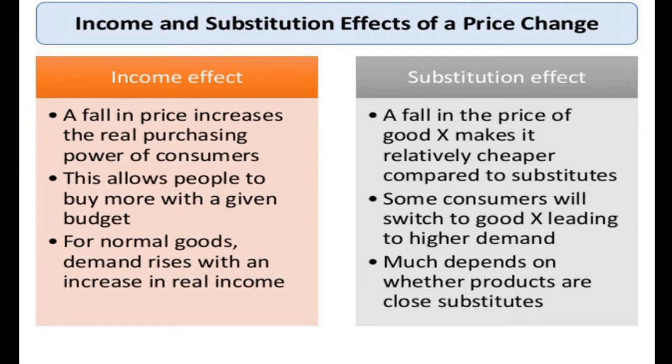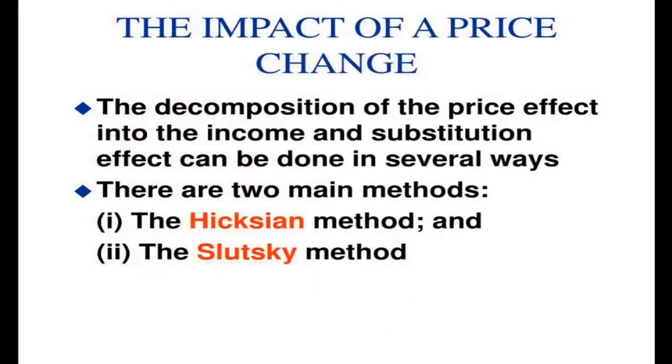So people would like to substitute more of the cheaper commodity for the dearer one, and that is the substitution effect. So this is the difference between income and substitution effect. Now we'll see how the price effect can be decomposed into income and substitution effect.